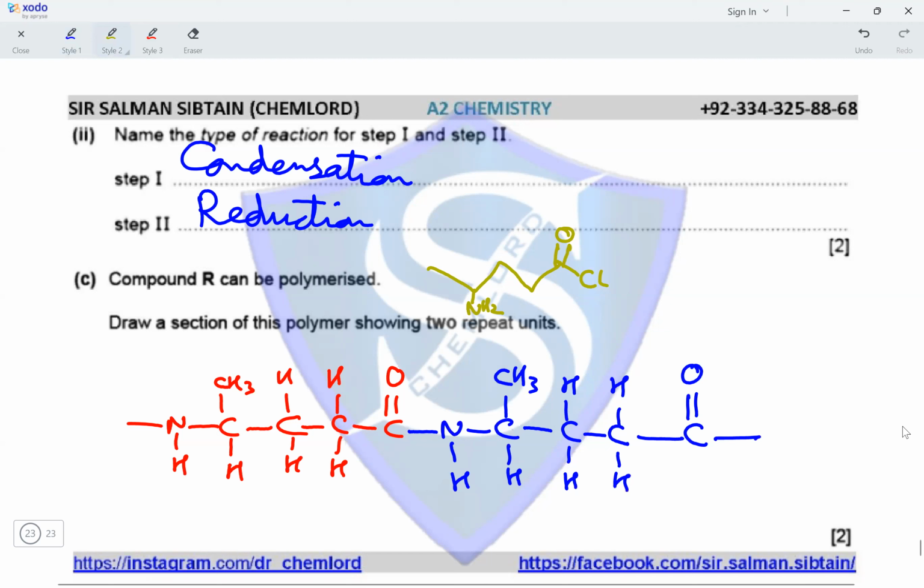And we can place the two repeat units in a box, showing that these are two repeat units of this polymer, and we can also label the amide bond present.